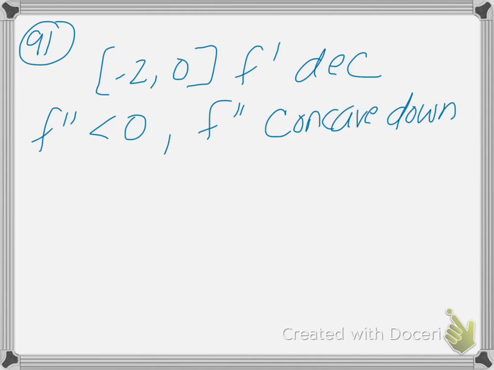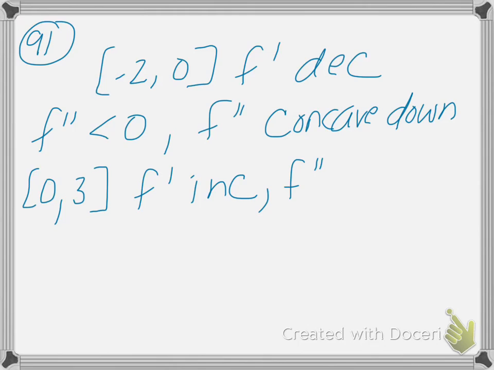Okay. Then if you look from 0 to 3, f prime was increasing. If f prime is increasing, then f double prime has to be greater than 0. I just want to change this. It's not that f prime is concave down, then f is concave down. Okay, and so if f double prime is greater than 0, then f is concave up.